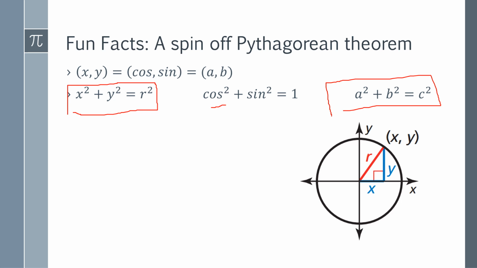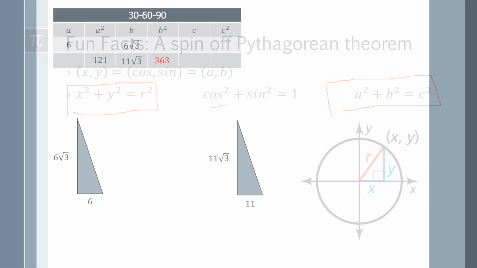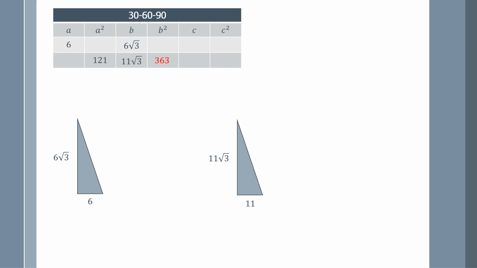And we know that x comma y, the point, is now cosine and sine, which is the same as a and b. So we know those things. And this is what we knew before. No need to go over it.